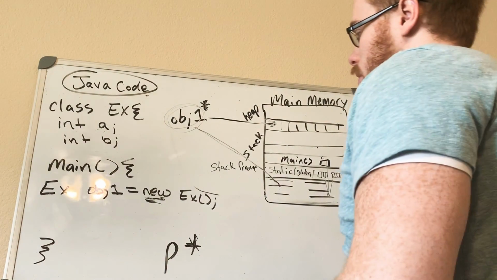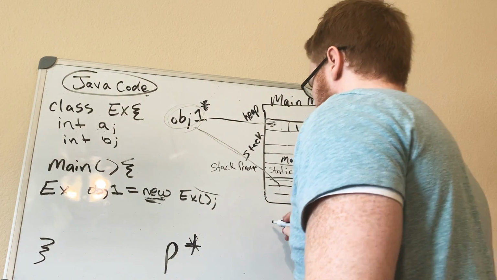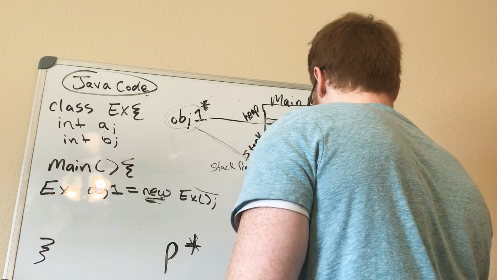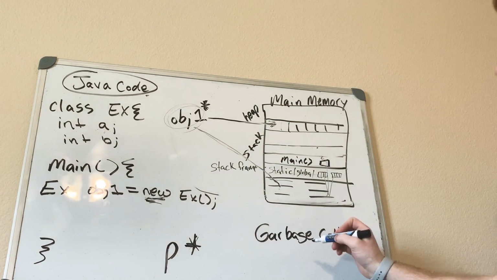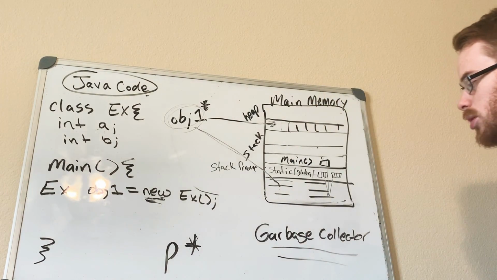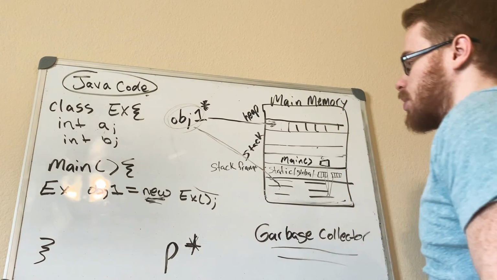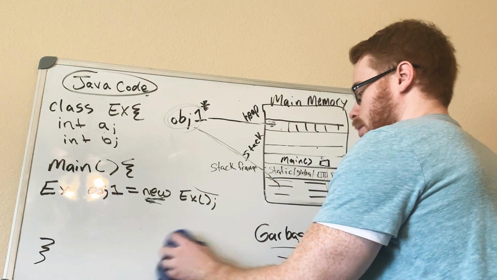Now in Java, it's nice because we don't have to worry about it too much because we have what's called basically a garbage collector. Okay. In C and C++, we don't have this guy. It's a little more complex because in C, I'm going to write it down here.